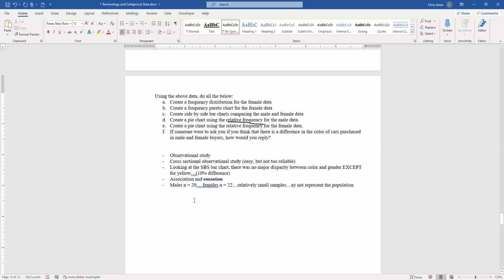And what you could probably say is that further investigation, such as a cohort study, may be necessary to truly determine a disparity between gender and car purchase or car color purchase.